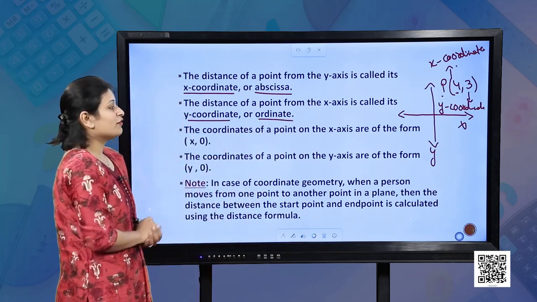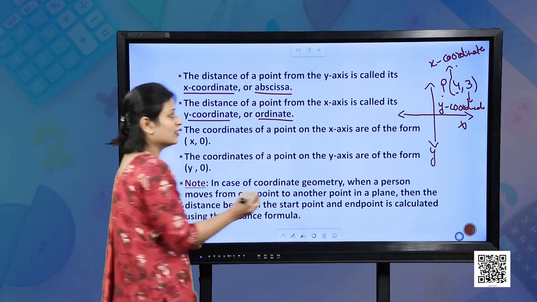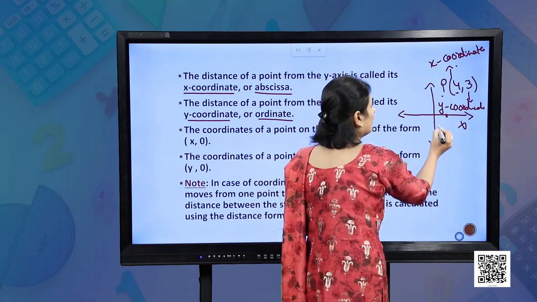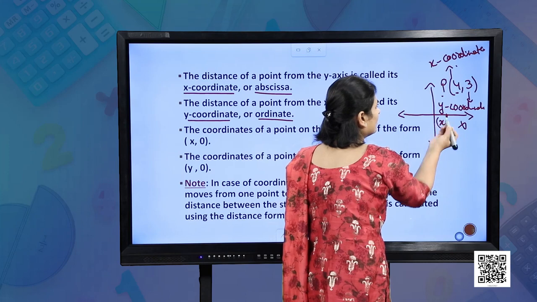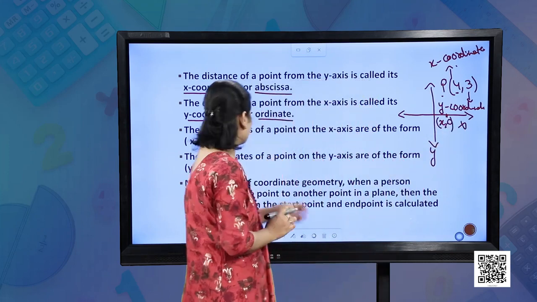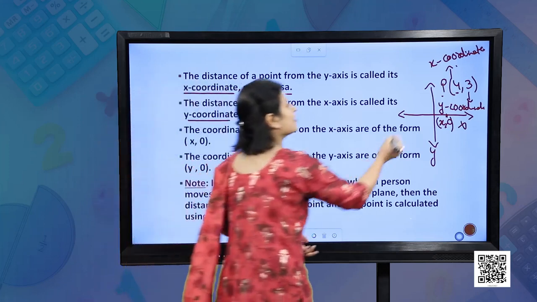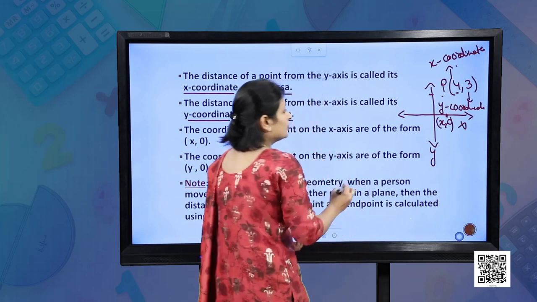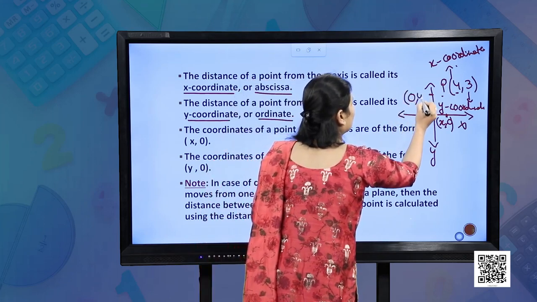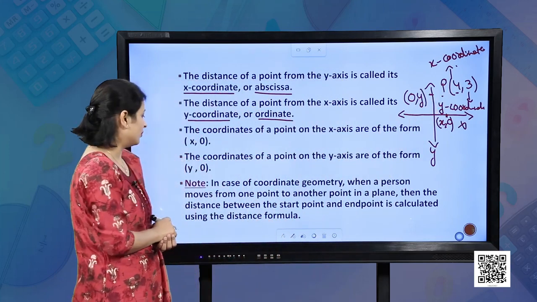Now, for the coordinates of a point on the x-axis, somewhere here, the x coordinate is x and the y coordinate will become 0. And for a point on the y-axis, somewhere here, the x coordinate will become 0 and the y coordinate will remain y only.